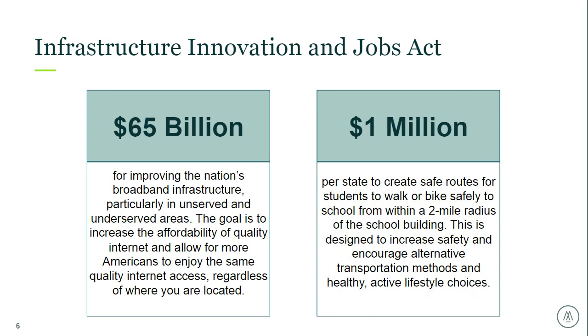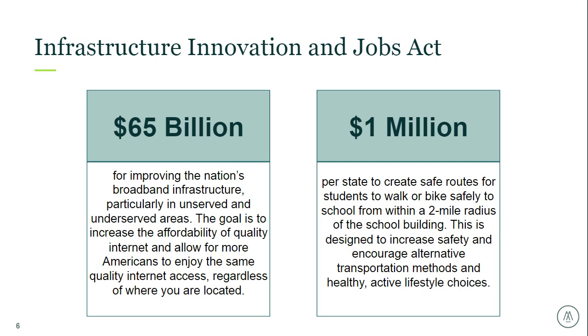This bill also dedicates $65 billion to improve the country's broadband infrastructure, especially in the unserved and underserved areas. The goal is to increase the affordability and accessibility of quality internet, regardless of where you are located.